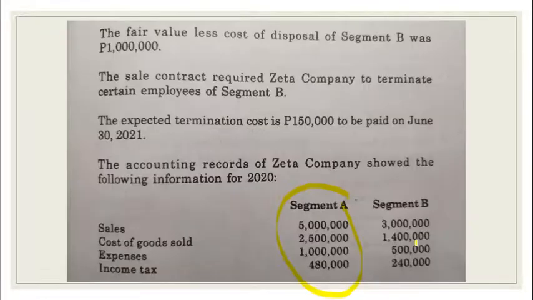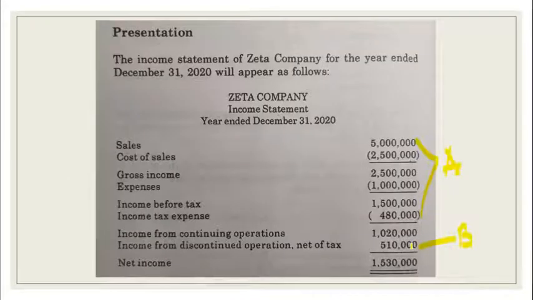So if you take this, you have 3 million less 1.4, so net of tax, that is 510.